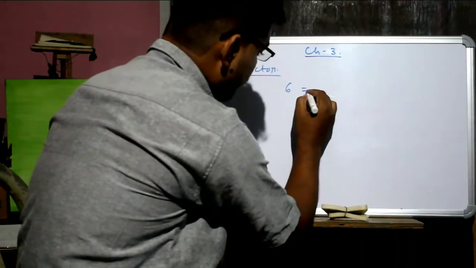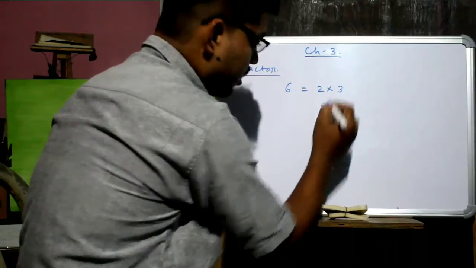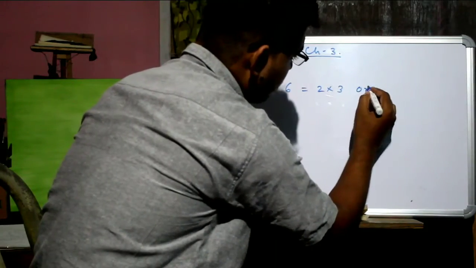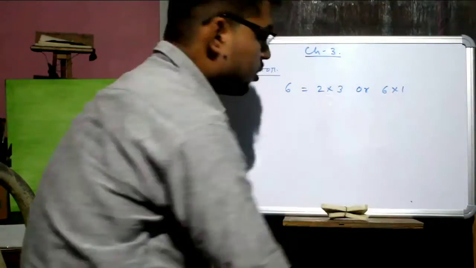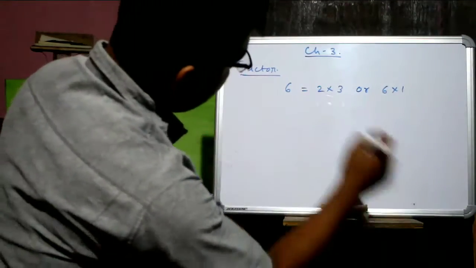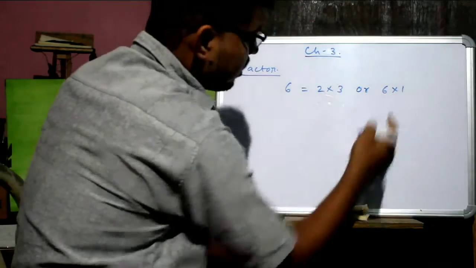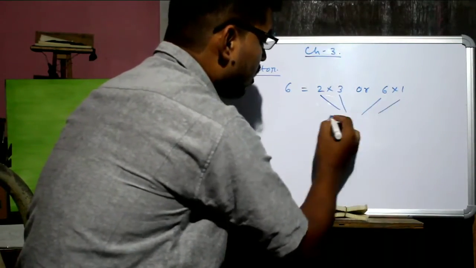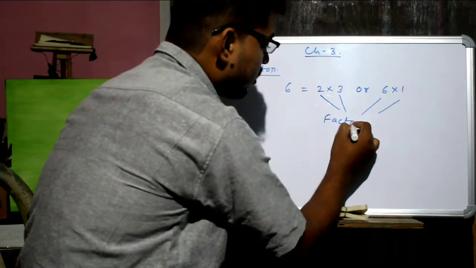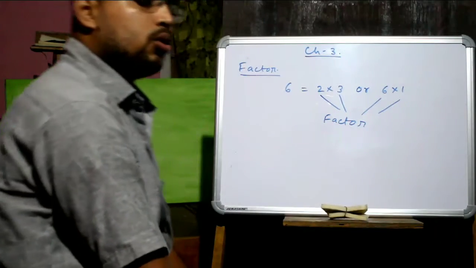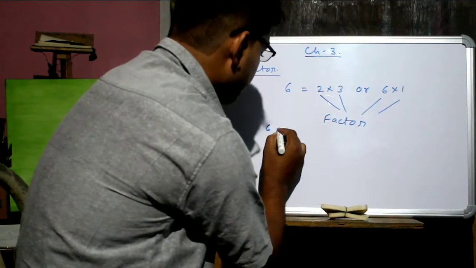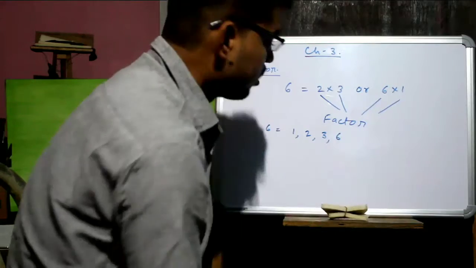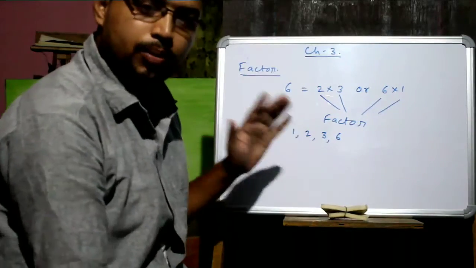We can write 6 equal to 2 into 3, and we can also write 6 into 1. So here 2, 3, 6 and 1 are all factors. The factors of 6 are 1, 2, 3, 6. These are all factors of 6.